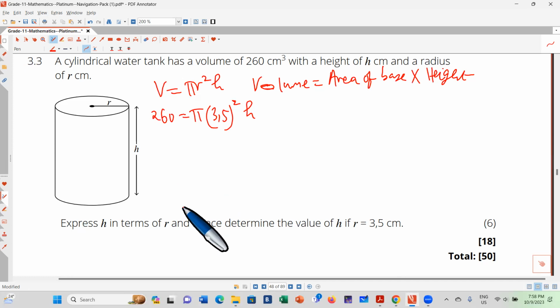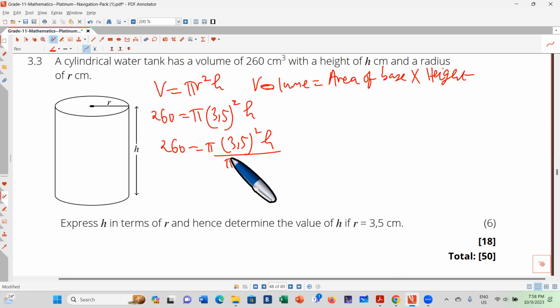Then you need to get the h. So how do you get h? Divide by pi into 3,5 squared.